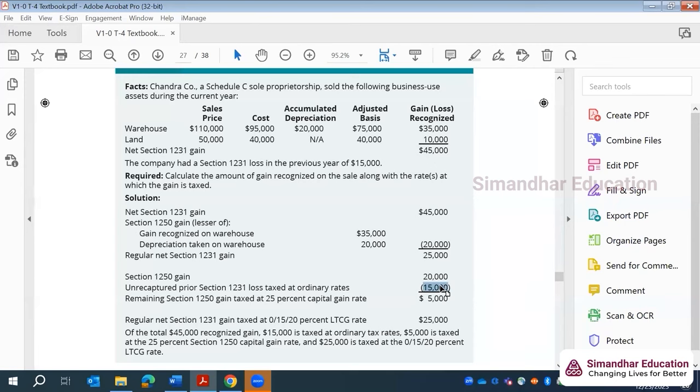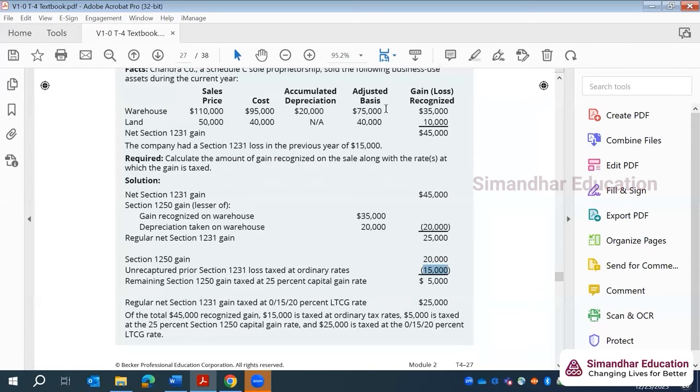Which was taxed at the highest rate. Now if you have to recharacterize this $15,000, the character of the income will be ordinary or capital. What does the 5-year look back rule do? It recharacterizes the capital gain to ordinary income, ordinary gain, right? So this $15,000 will now be treated as ordinary, and then the remaining $5,000 will be your section 1250.